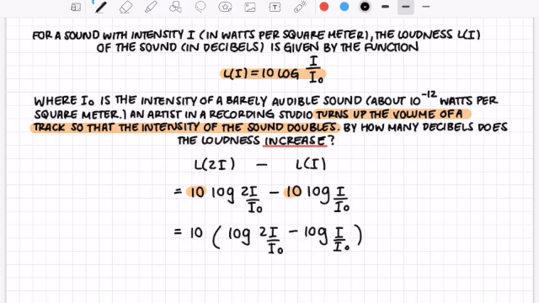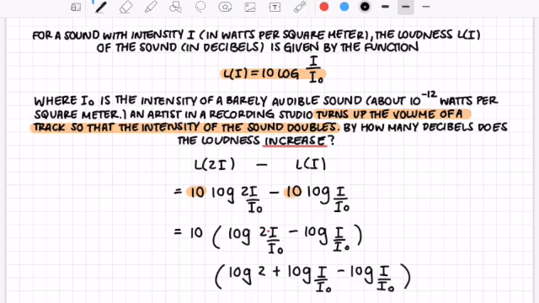Then the last step is to continue to expand it, because if you expand it, you're going to notice that something will cancel out in the end. I know that 2 is multiplying with our I over I-O. If they're multiplying with each other, based on our property rule, I can expand this by adding log 2 with the log of I over I-O, and this is subtracting log I over I-O.